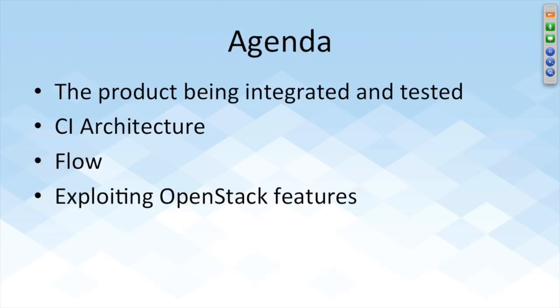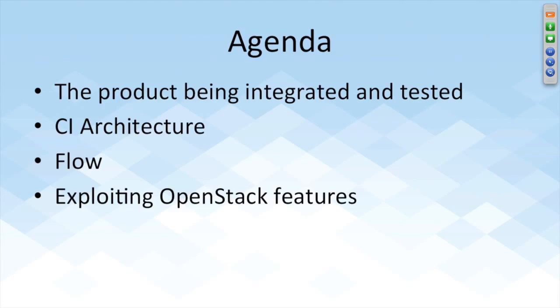We'll then talk about the architecture around these elements of continuous integration and testing, and go over how the various building blocks flow through the pipeline. Once we're done with that, I'm going to talk about specific OpenStack cloud features that we found especially useful in our automation.